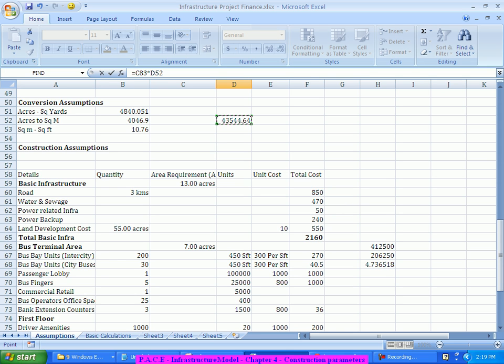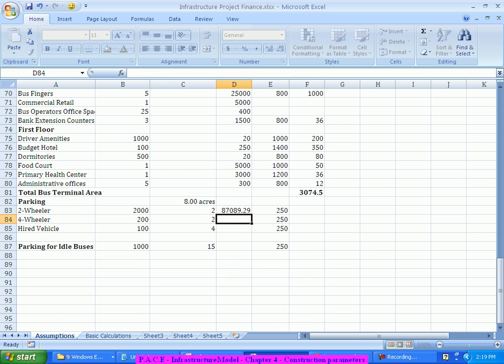So 2 acres means this much SFT, and like this I am using it for all. Each SFT is costing me 250 rupees, so my parking area development cost is this much times this much. Probably this I also need to divide by 10 to the power of 5.